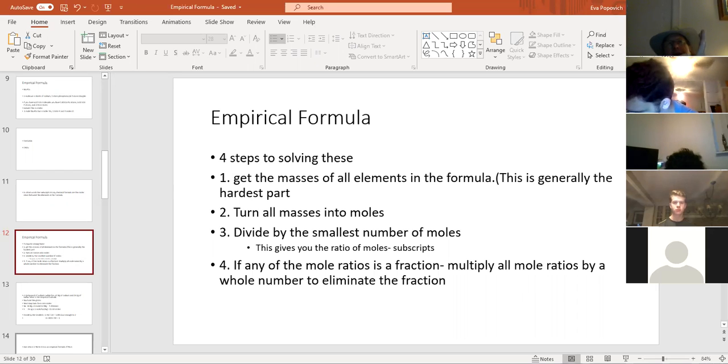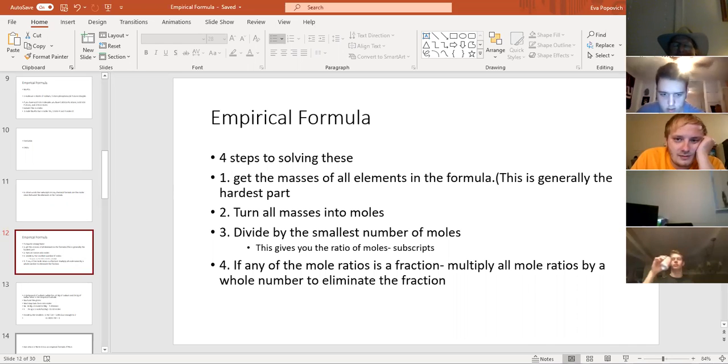Now, has anybody ever seen a chemical formula with a fraction as a subscript? Ever? No. You can't, because you can't have half an atom. You can't have a third of an atom.